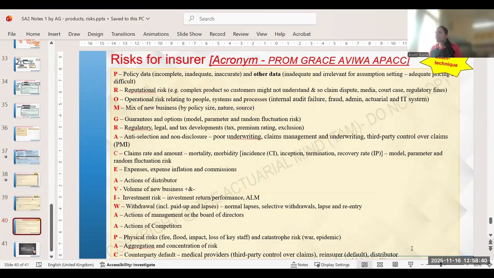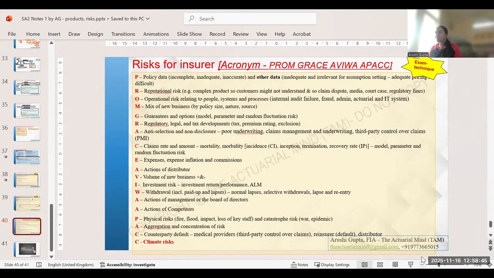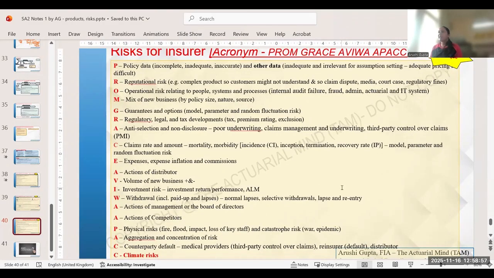So you might have seen this type of list of risks in the past. Some people have made acronyms in the past, etc. This gets updated subject over subject depending on what's there in the core reading. So we can update this further for SA2, to be honest. But still it's not a bad list to look at for now. So you should have this type of preparation.